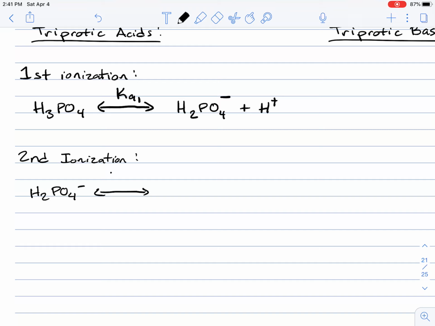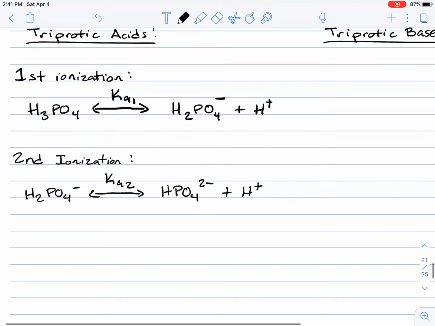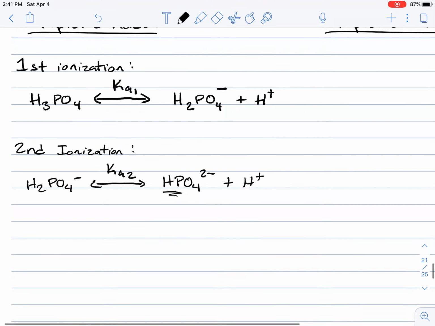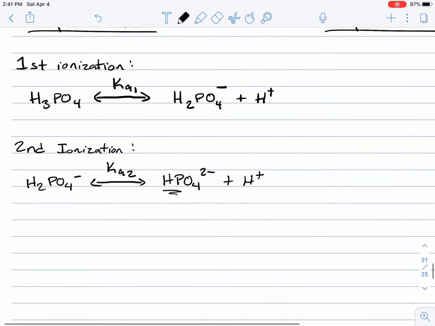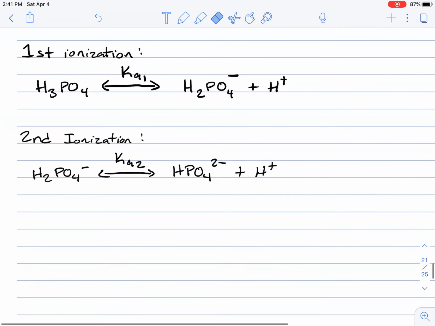And since this is the second ionization step, it's going to be represented as Ka2. And that leaves us with HPO4 -2 in charge, plus another hydrogen. And once again, the result of this compound still has 1 more hydrogen, so we need to write a third ionization step.